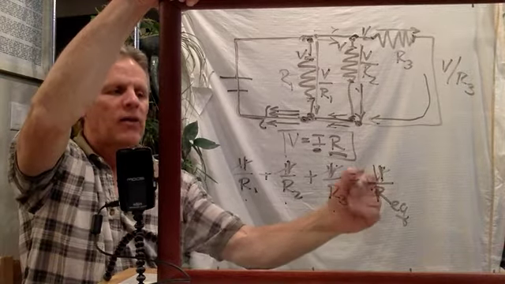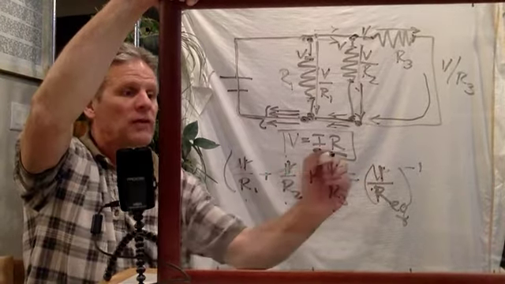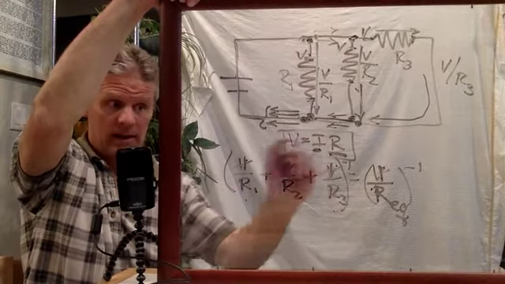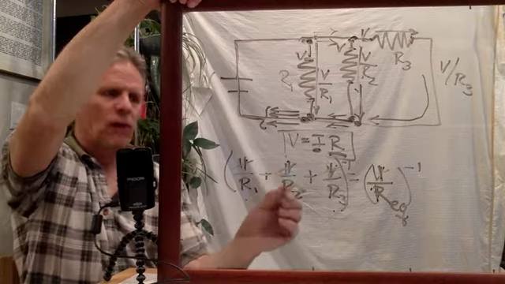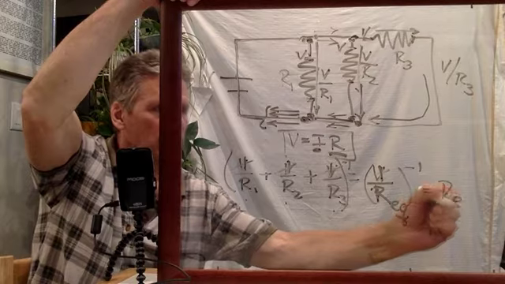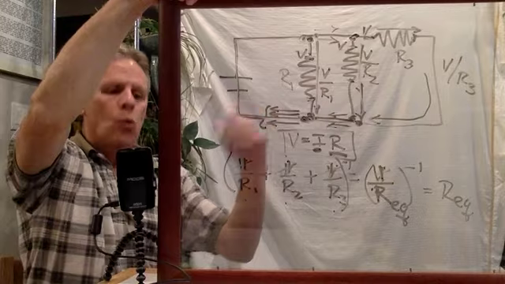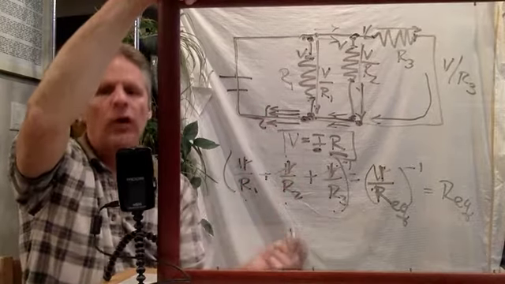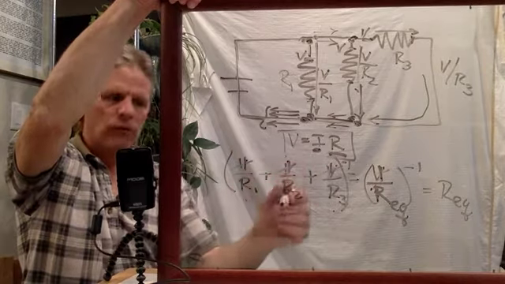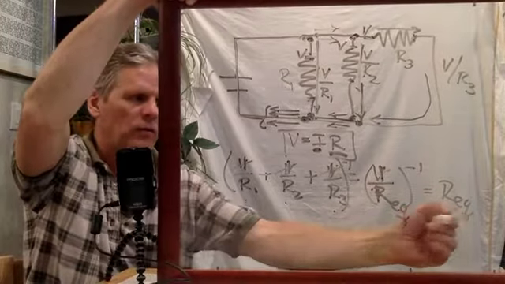I want to make this actually R equivalent. So I'm going to take this to the minus 1, which means I need to invert this as well. I'm going to invert that whole thing. The whole thing. This is a step that people often forget. So what this means is R equivalent equals 1 over R1 plus 1 over R2 plus 1 over R3, that whole quantity inverted, is what the equivalent resistance is.